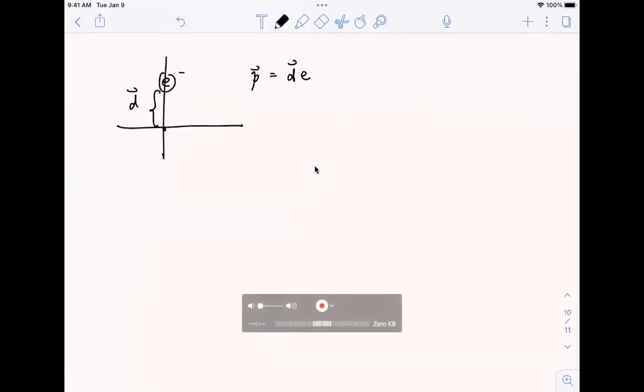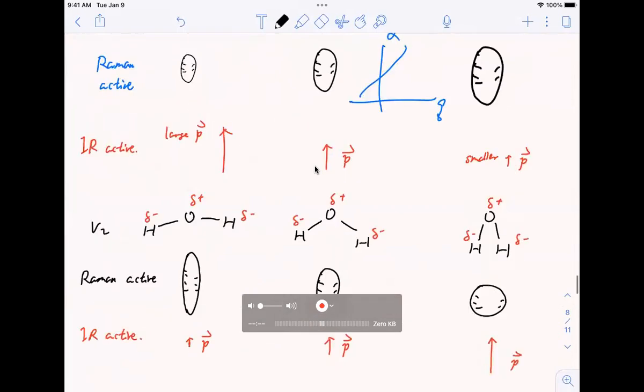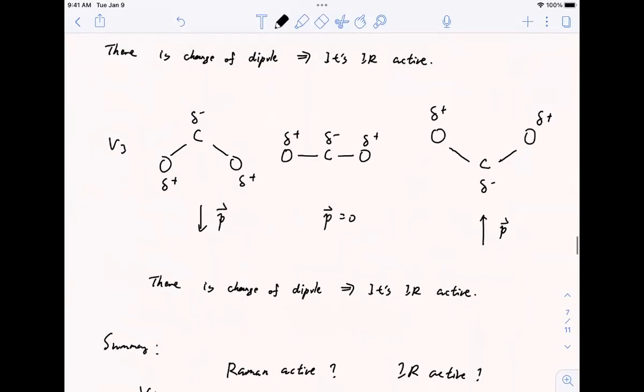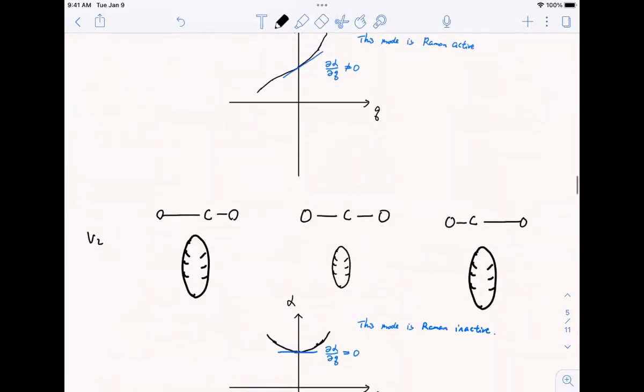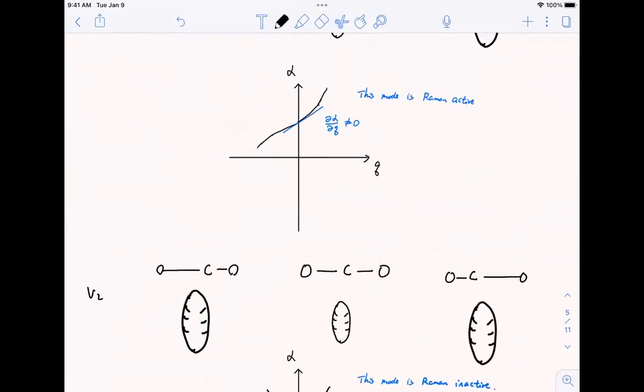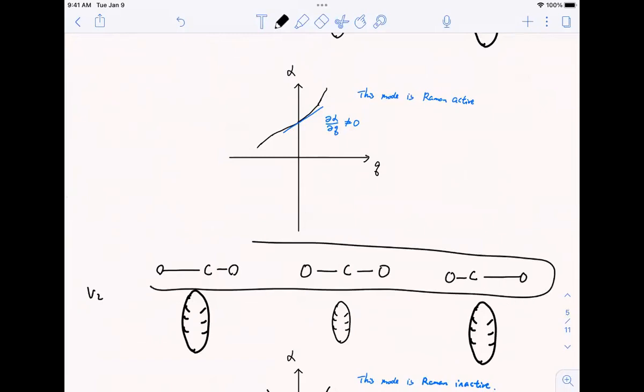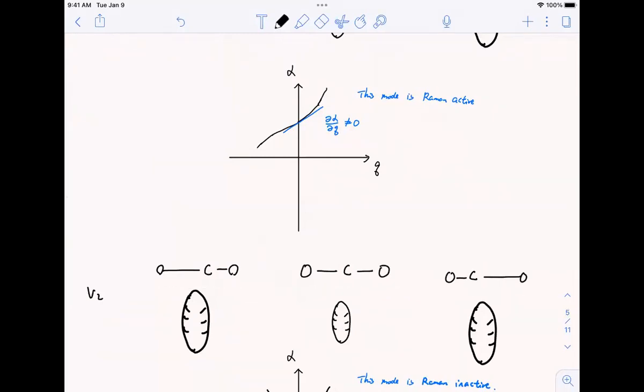Okay, so for here, I have this carbon dioxide thing. This is one mode. In this mode, this one goes in one direction and the other goes in the opposite direction.